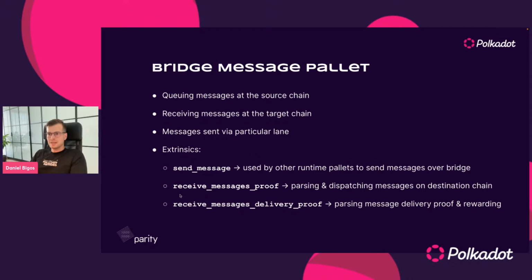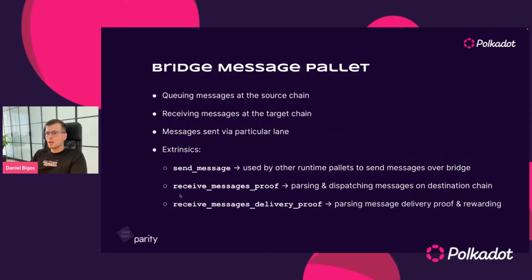And within that pallet, we have three important extrinsics. The first one, send message, is used by other runtime pallets to send messages over the bridge. So other runtime entities, pallets, use that extrinsic as an entry point for sending a message over the bridge.